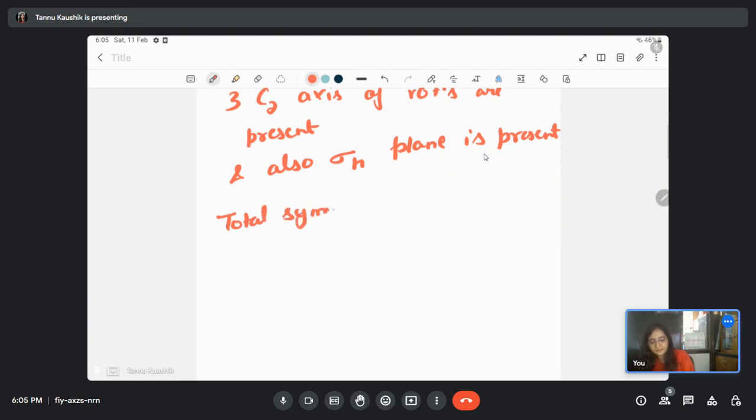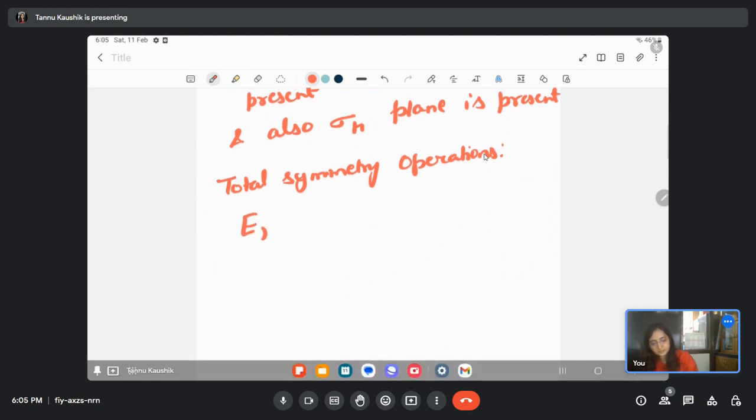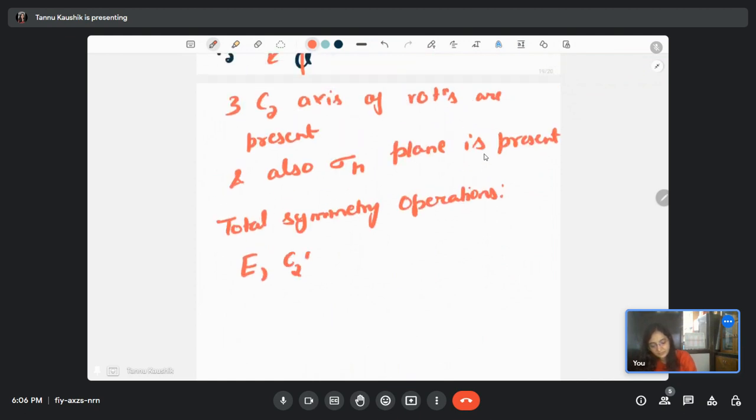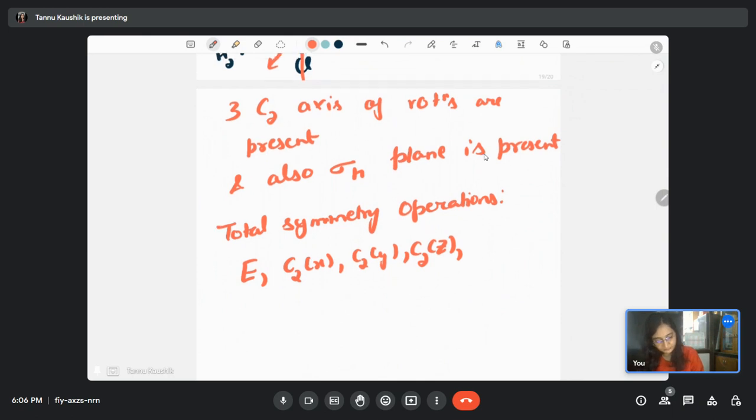So total symmetry operations we have here are identity operation, right? Inversion center, horizontal plane.